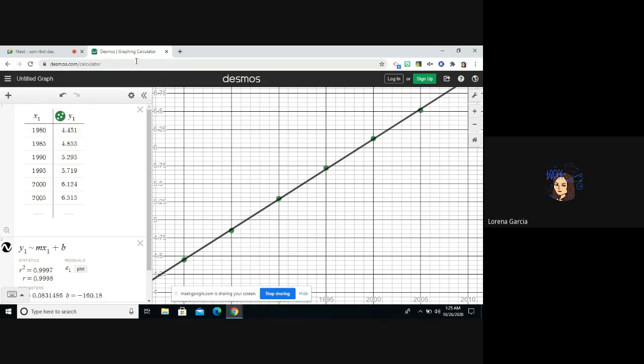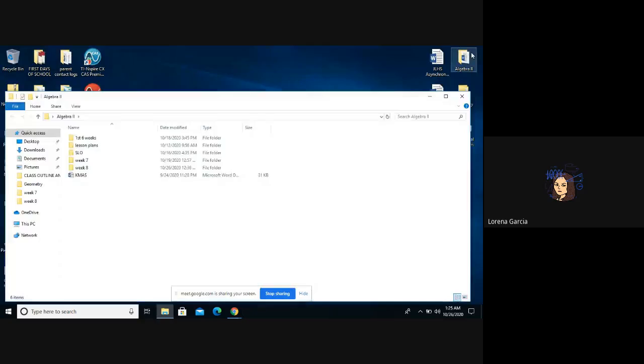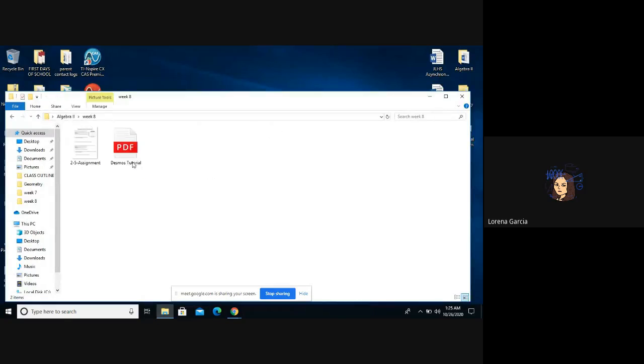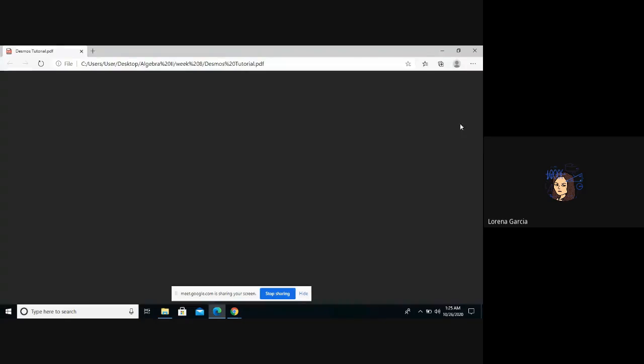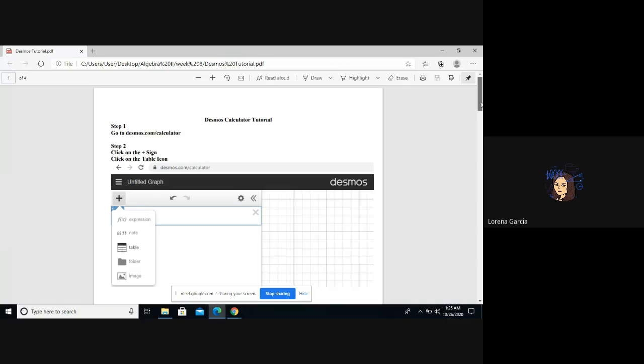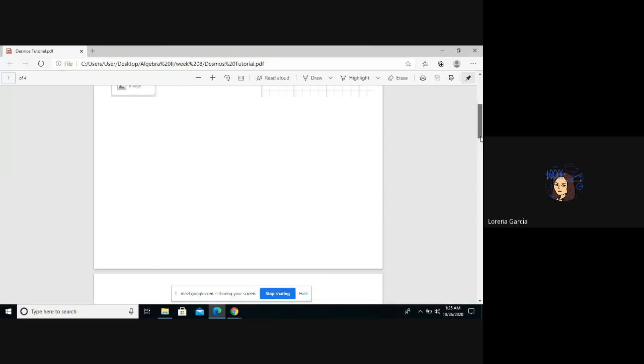I did include a tutorial in the Google Classroom. So if you're stuck on these steps, if there's a lot, in the Google Classroom, you can go to the tutorial page that I uploaded. I'll show it here, but you would find it in your Google Classroom. I did include a Desmos tutorial, and that tutorial just goes through these step by step.